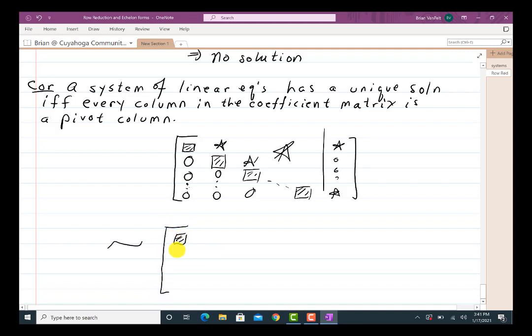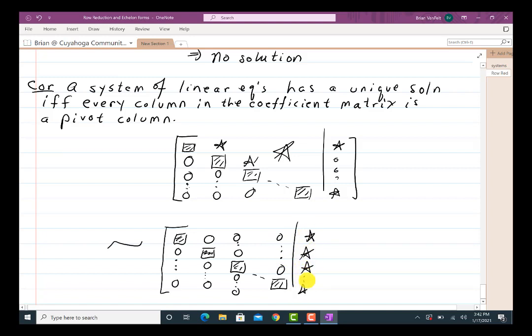Block 0, just by doing row operations. Hopefully you get the idea. And whatever's on the other side is unimportant to me. Just a bunch of stars over there.